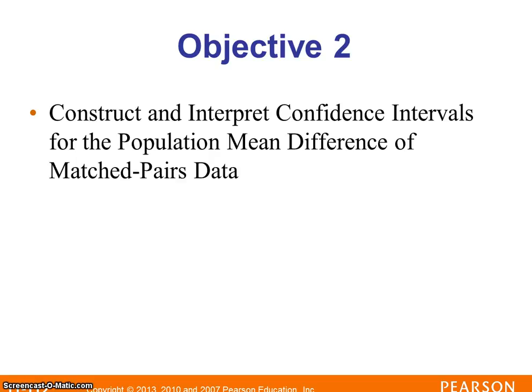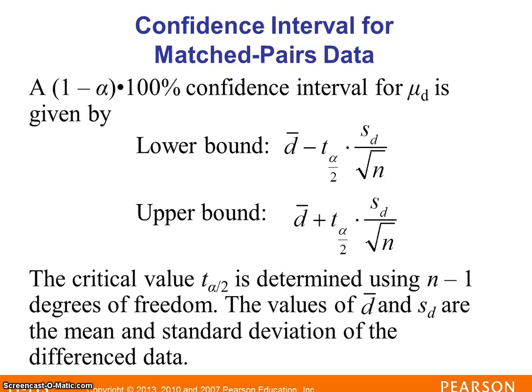interval, just like we did in chapter 10. This is the formula for constructing the interval. You've got the mean of the difference plus or minus t of alpha over 2 times the standard deviation of the difference divided by the square root of the sample size.